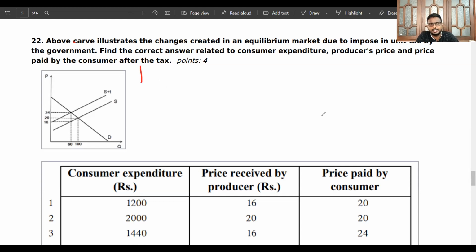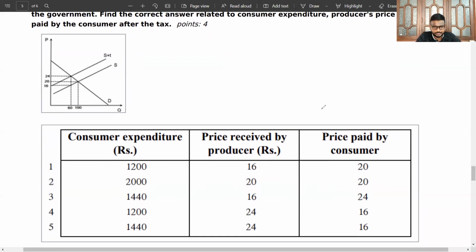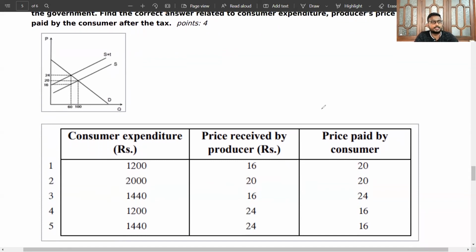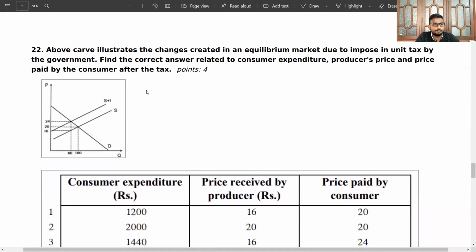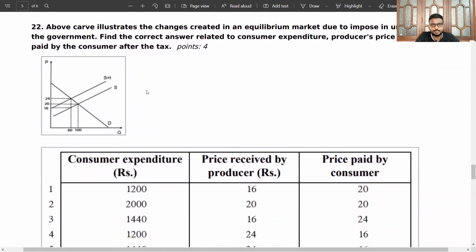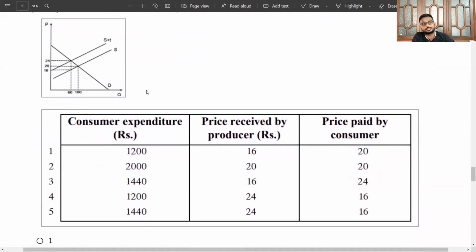So this is similar to something we already discussed in the previous question. In those questions also, I talked about what is producer price, how the consumer price will be, all of that stuff. So we'll have a look. Now, they are asking after tax, what will be the consumer expenditure, producer price, and price paid by the consumer.